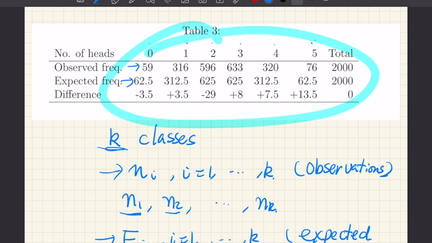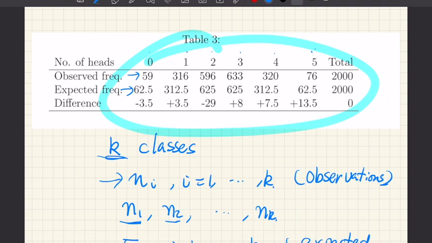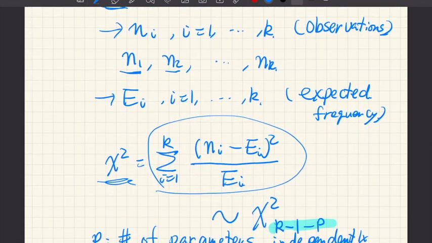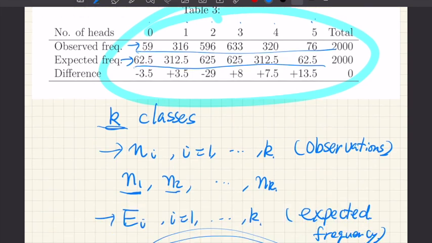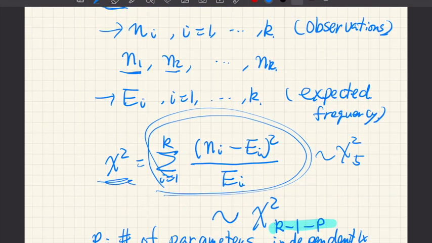We actually don't need to estimate any parameters. The data is just this, and the expected frequencies are just this. So this chi-square statistic follows the chi-square distribution with 6 minus 1, which is 5, degrees of freedom.